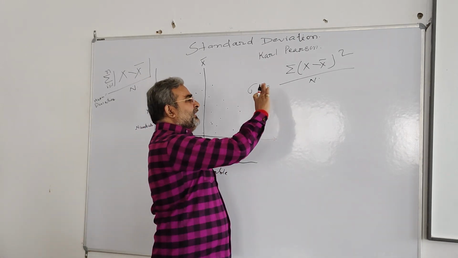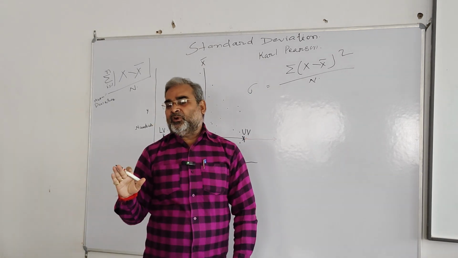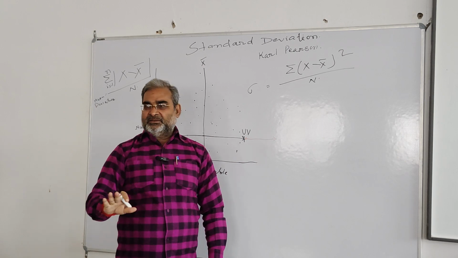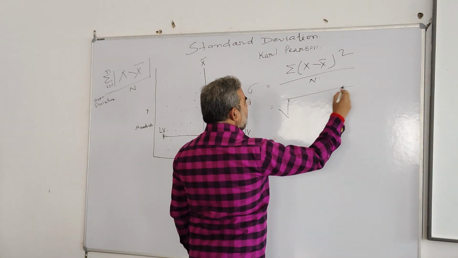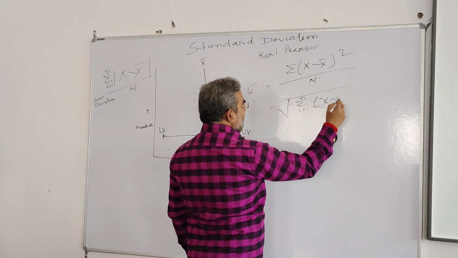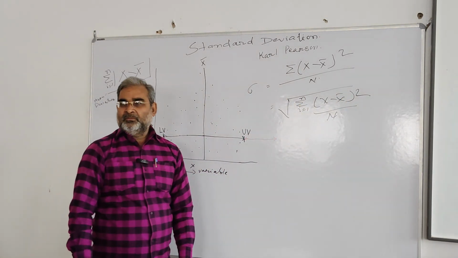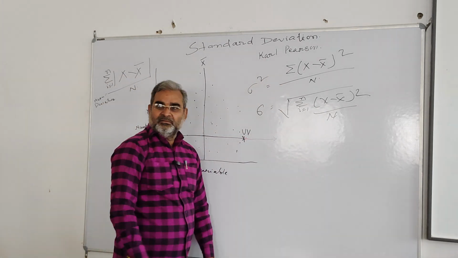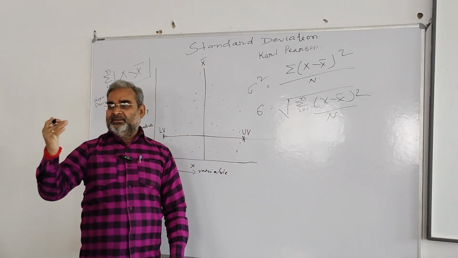That means here when you calculate the deviation squares, that is responsible for the neutralization of the algebraic sign, either plus or minus. And then you keep it under root. It is the standard deviation. And now the value is referred as the standard deviation.